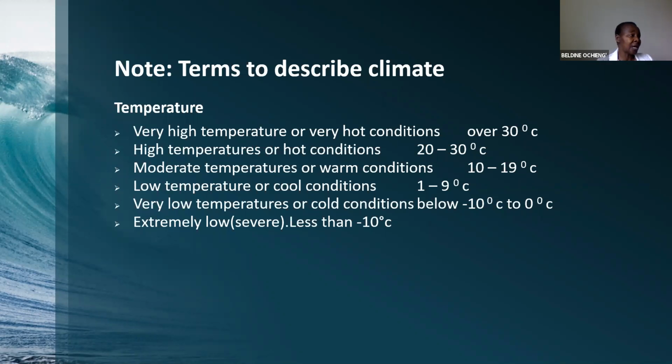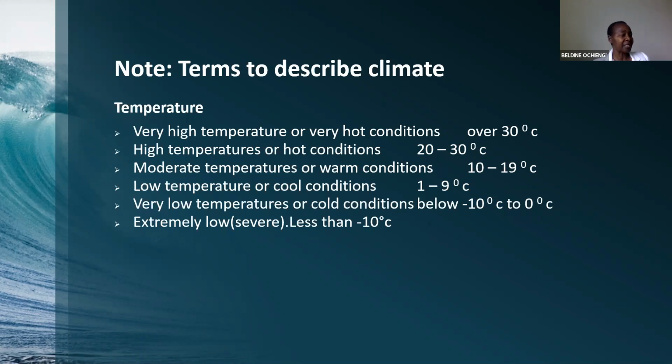So these are descriptive terms on climate and very key for you, because many times human beings, we tend to forget the ranges. If you don't go right where the ranges are quoted, then everything becomes wrong. And don't mix the two. Don't go for high temperature, then you give us a different figure which is not falling within the high temperature.